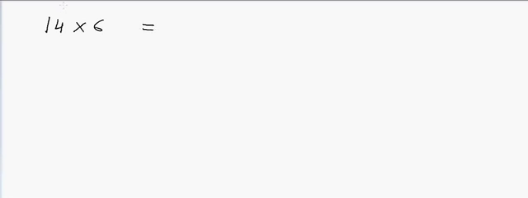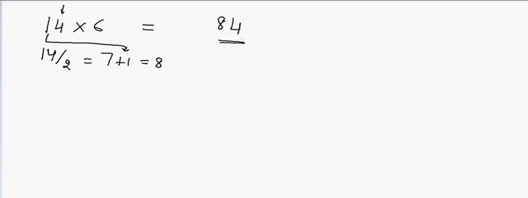So how will I do this? First I'll take the last digit of the number which we want to multiply by 6. The last digit here is 4, so I'll just write a 4 here, and then I'll take half of this number. So half of this number is 7, and then I'll take this first digit and add it to the 7, so that will be equal to 8. So my answer will be 84.